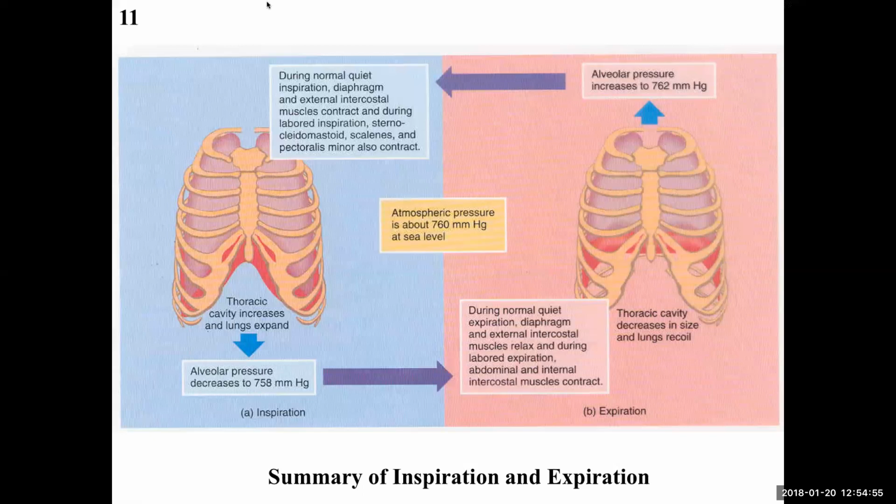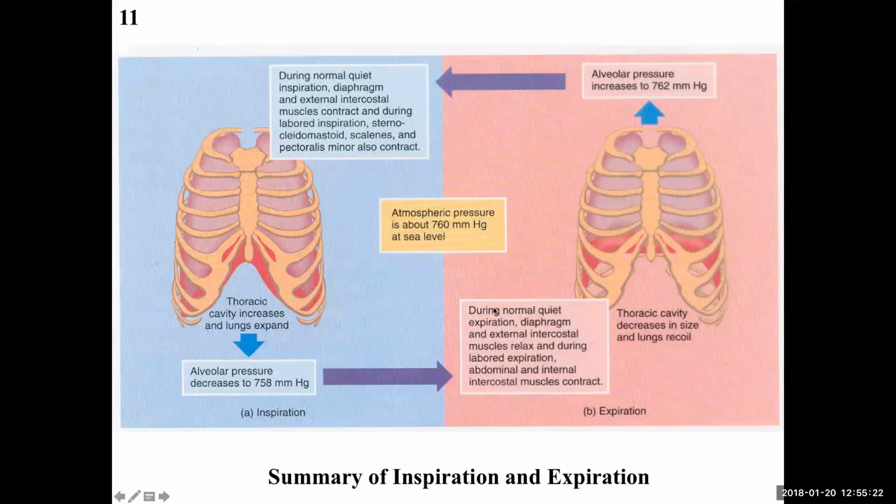So we can look at that here. During normal quiet inspiration, this is the first case, the diaphragm and the external intercostal muscles contract. And remember, the external intercostal muscles are the inspiratory muscles. And then during labored inspiration, the sternocleidomastoid and the scalenes, for the most part, also contract.